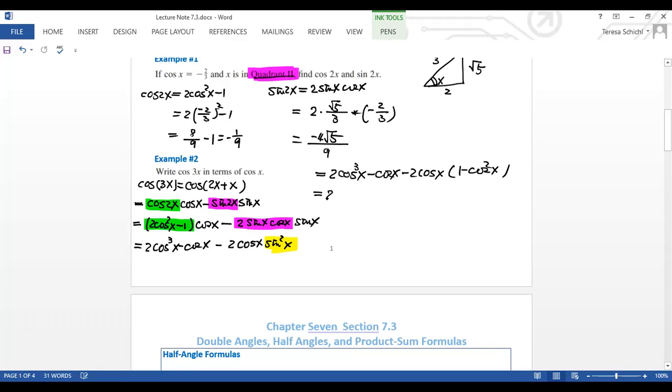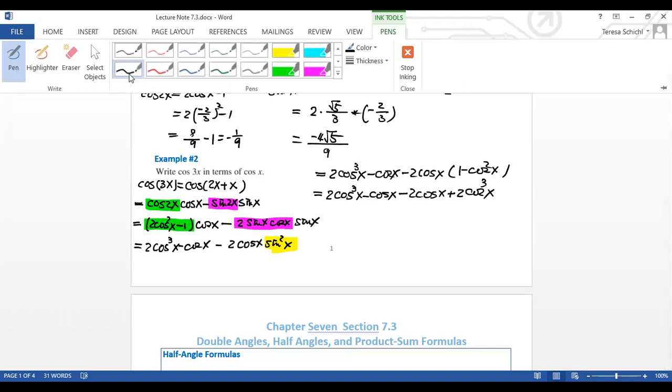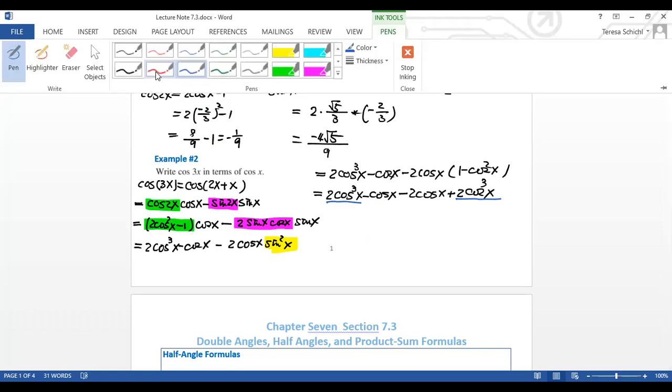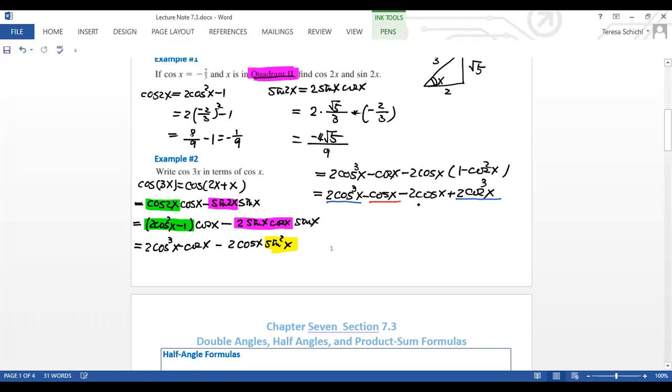Okay, so be careful about our algebra. So this is 2 cosine cubed x minus cosine x, FOIL it, minus 2 cosine x. Minus a minus is plus 2 cosine cubed x. So combine the similar terms. This term and this term are similar terms, and this term and this term are similar terms.